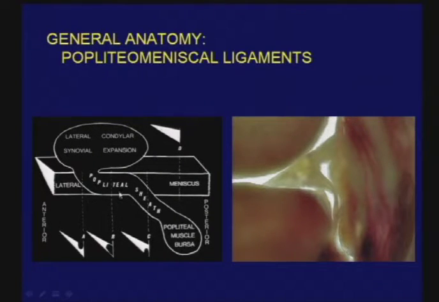Because of this, the lateral meniscus cannot attach to the capsule over a long or broad area. Rather, it attaches to the capsule by way of popliteal meniscal ligaments, two of the three being shown here. I'll talk more about these ligaments when we talk further about the meniscus, but you should be aware of this relationship.